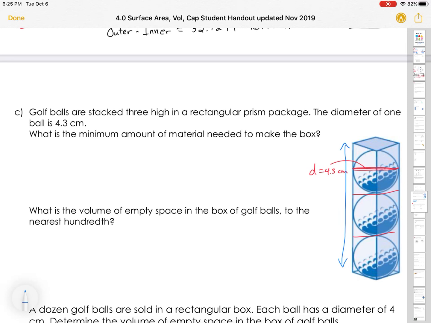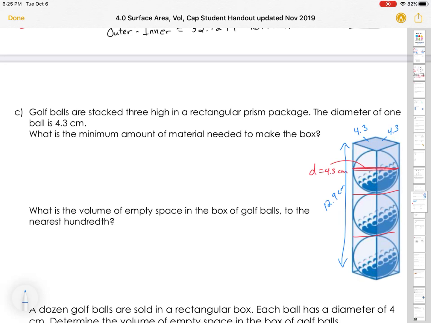So 3 times 4.3 is 12.9. So the height is 12.9 centimeters. So we know a little bit of information there about our package. If they're snug in there, that means this is 4.3 and this is 4.3. Okay, I'm just labeling this so we get all the information that we can about this package.